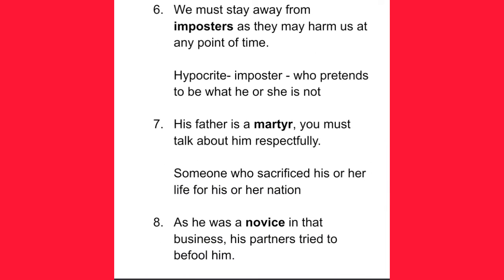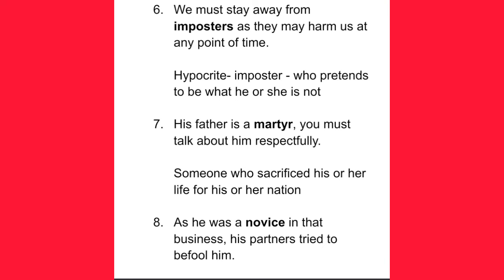Next one is imposters. Again, a word with a negative meaning. We must stay away from imposters as they may harm us at any point of time. Now, who are the imposters? People who are hypocrites, who pretend to be somebody other than who they actually are. For example, somebody pretends to be a very honest and sincere person, but in reality that person is very corrupt.